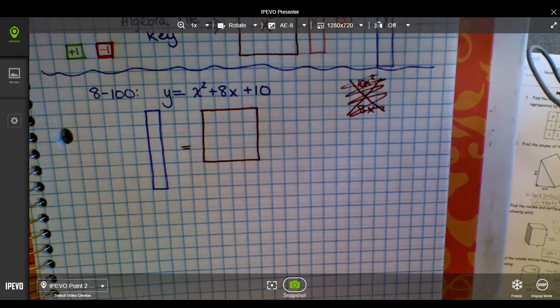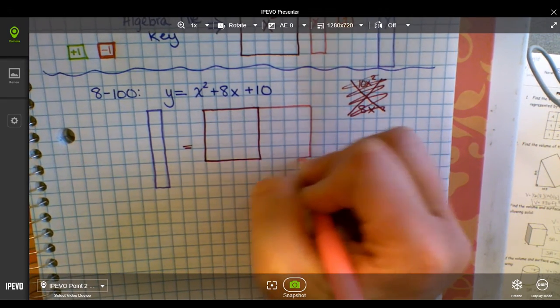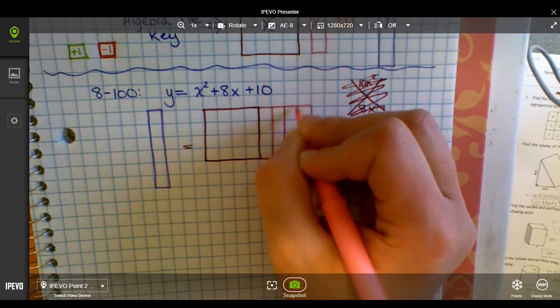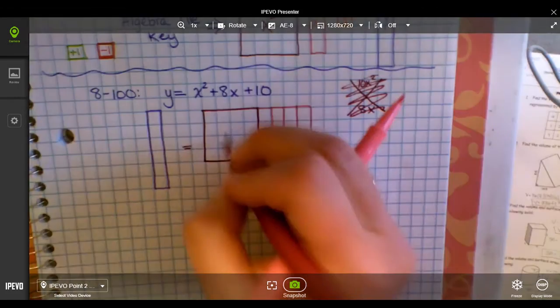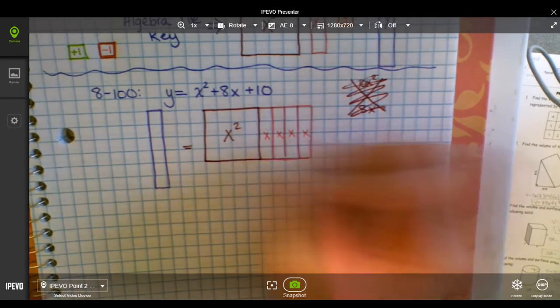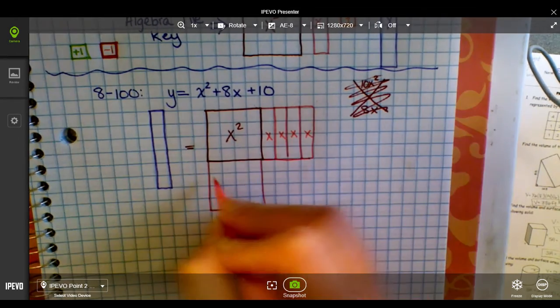And then I'm splitting my x's into 4 and 4. So each one of these is an x. And then, since I have 8 x's, I also need 4 more x's down here.